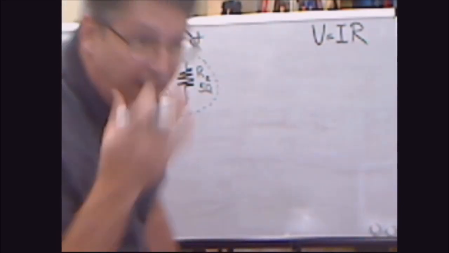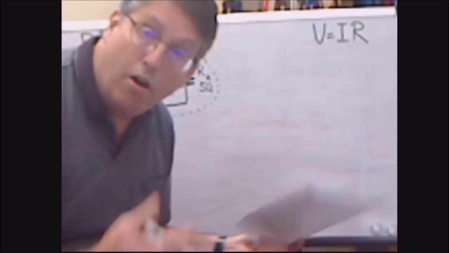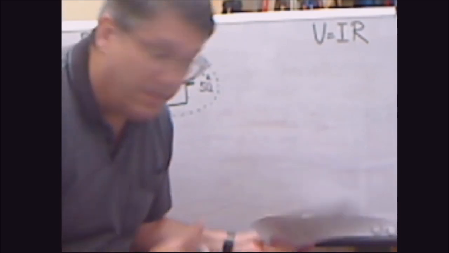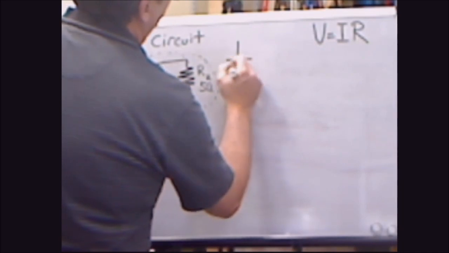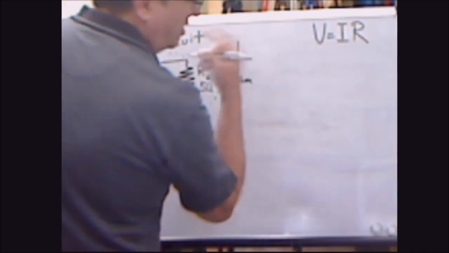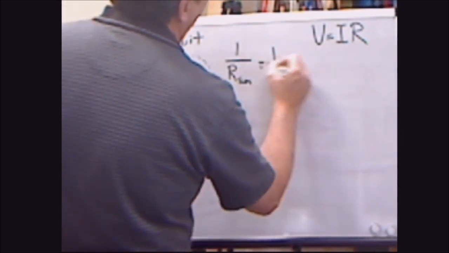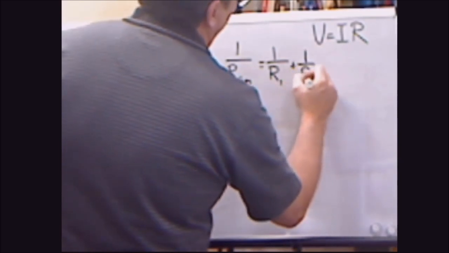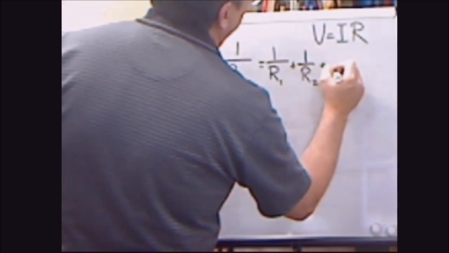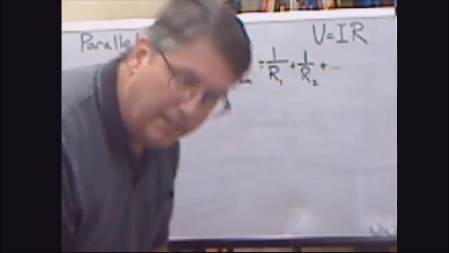So if you have resistors in parallel, to figure out the resistance that that parallel system of resistors offers whatever voltage source is coming in, it's pretty simple. It's just 1 over R sum. I should have used sum on the last board too. Equals 1 over R1 plus 1 over R2 plus, and on down the line, however many resistors are in that parallel system.